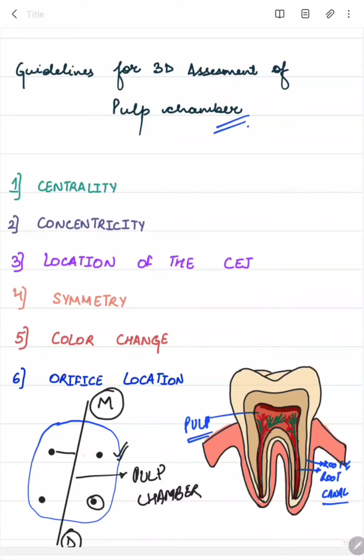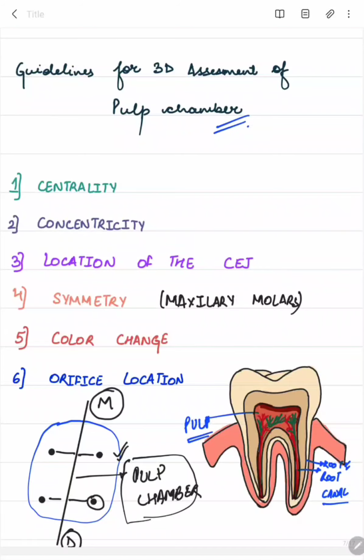So they are at equal distance from this line, that is the line passing through the mesial to the distal direction from the center of the pulp chamber basically, right? The symmetry rule of assessing the pulp chamber has an exception, that is the maxillary molars. They don't follow this rule, right?